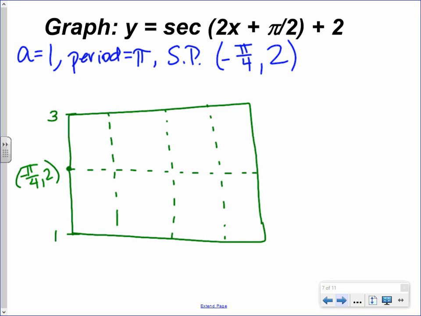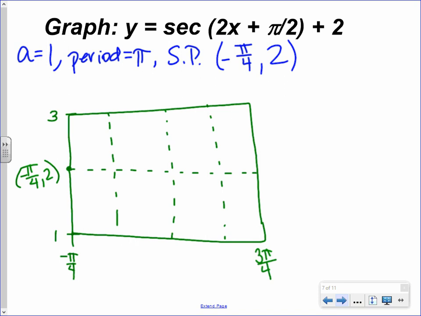So if we're beginning at negative pi over 4, and our period is pi, where would we end? Yep. Halfway between negative pi over 4 and 3 pi over 4.